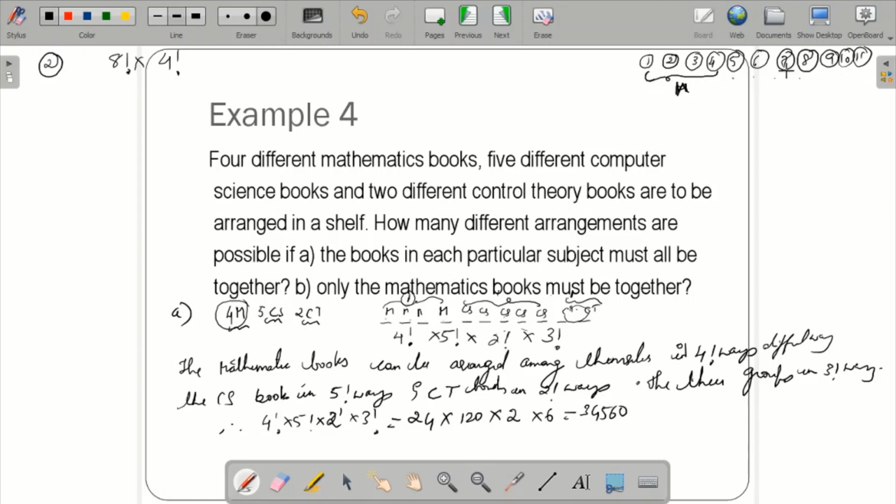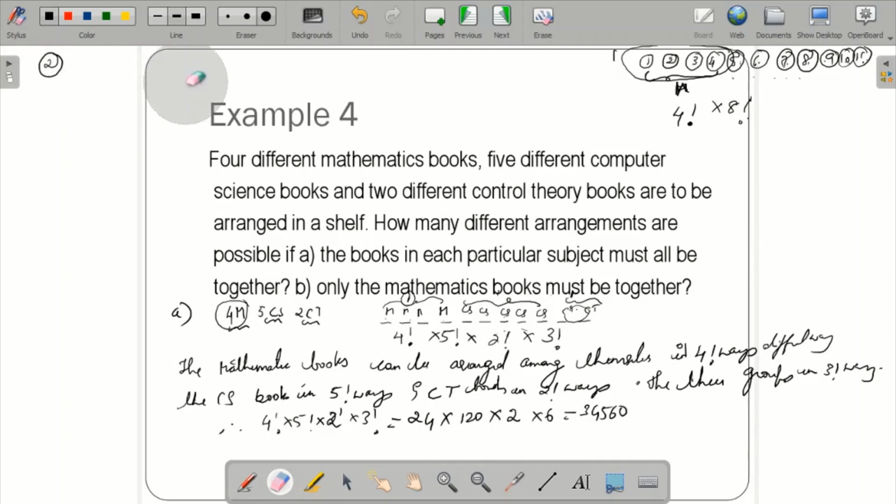These can be anyhow, that means after CS, CT can come again, CS CT, or it's just CT CS, like it can be anyhow. So these maths books I can arrange in how many ways? 4 factorial. The remaining can be arranged in how many ways? 1, 2, 3, 4, 5, 6, 7, plus this one we have to consider as one single block, so it is 8 factorial, and within this they can be arranged in 4 factorial ways. So it is 4 factorial into 8 factorial is the required result.